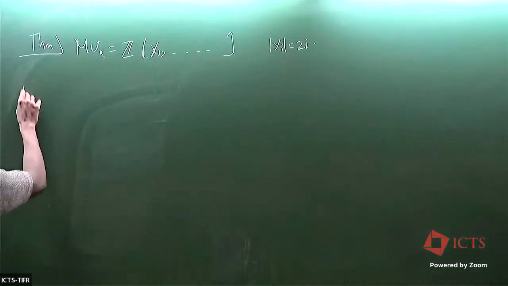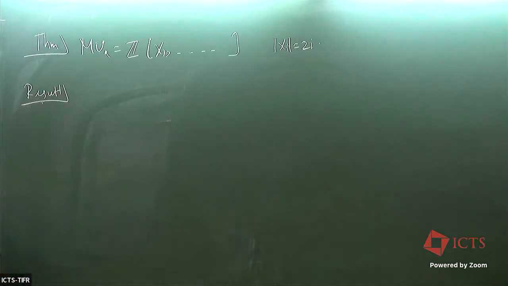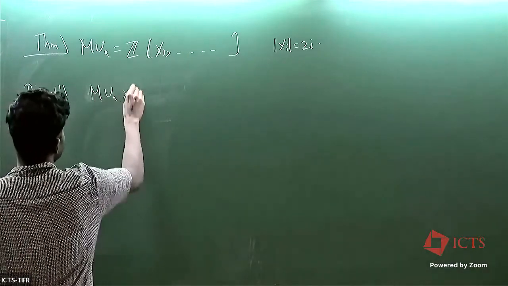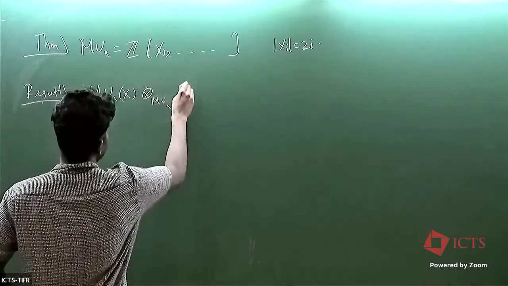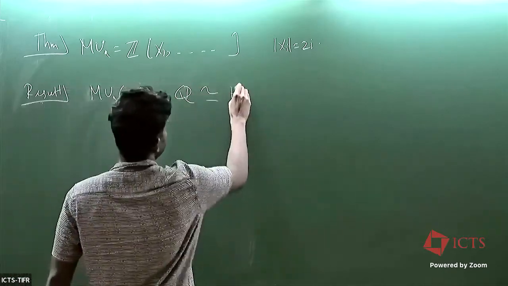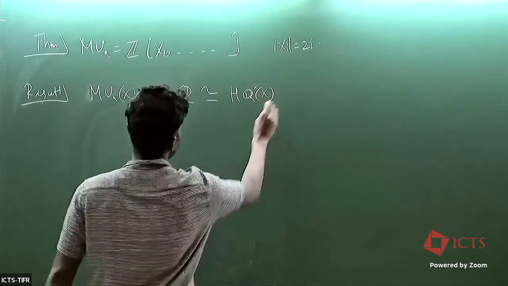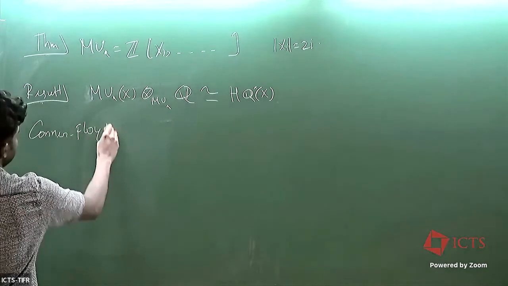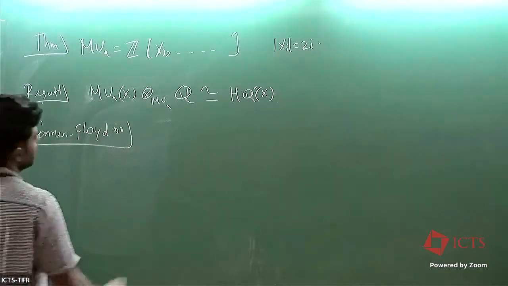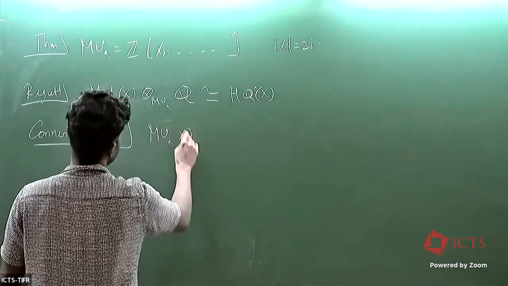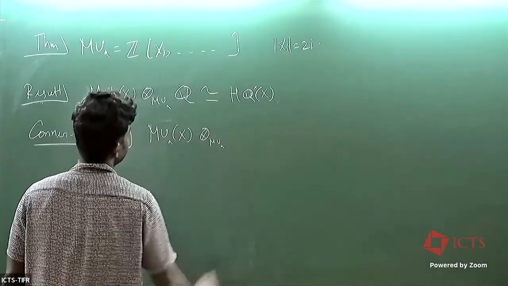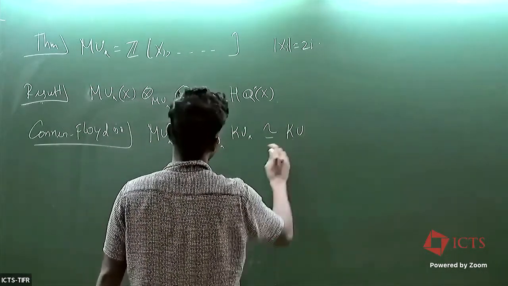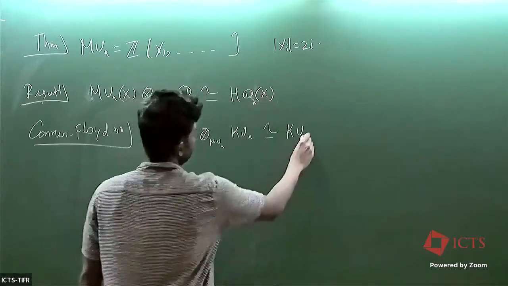It is a known result that MU star of X tensored over MU star with Q is HQ star of X. And also there is the Conner-Floyd isomorphism, which tells us that MU star of X tensored over MU star with KU star is KU star of X.